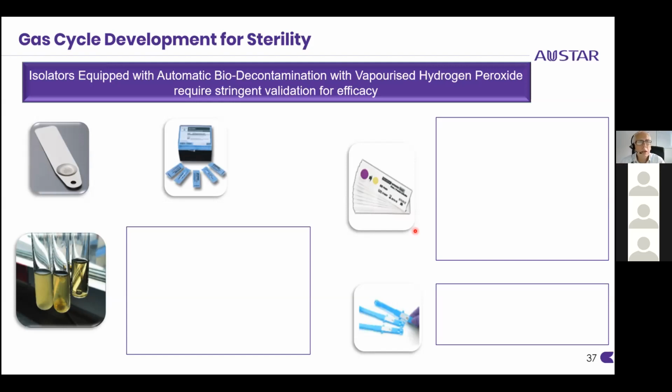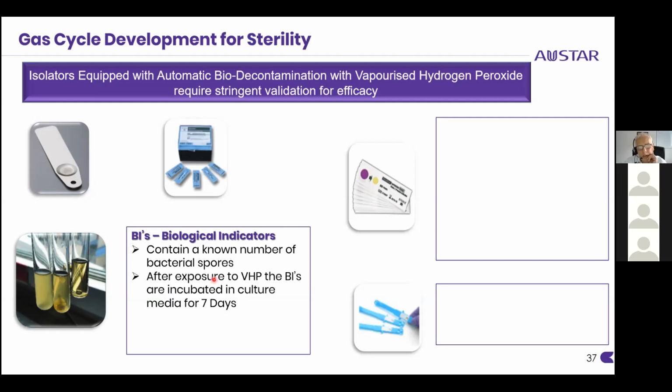So gas cycle development is for aseptic isolators with vaporized hydrogen peroxide generators on board. Now, this is done using biological indicators. This is a biological indicator, this little simple stainless steel disc. On that disc, there's a known quantity of bacterial spores.